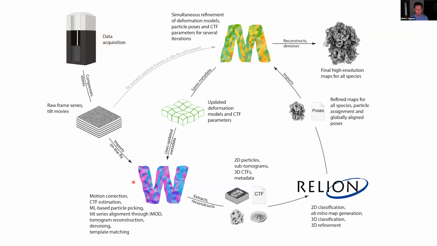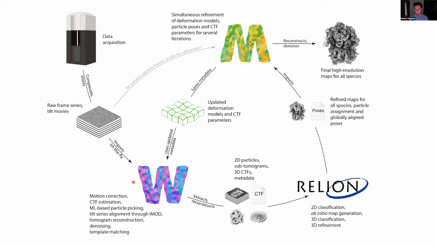Now, starting with the next major release, Warp 1.1, it will implement the same feature set for on-the-fly processing for tilt series data as it currently does for frame series data. And once Warp is done with all the pre-processing, once the movies and tilt series are aligned, CTFs are estimated, particles are picked, it exports the particle data and their metadata, such as CTF.